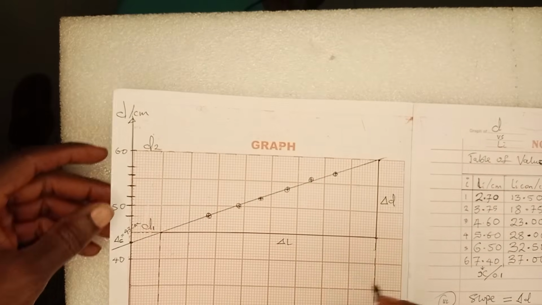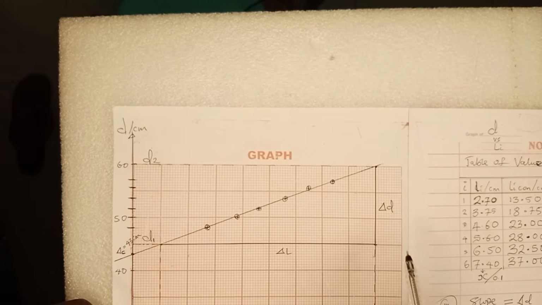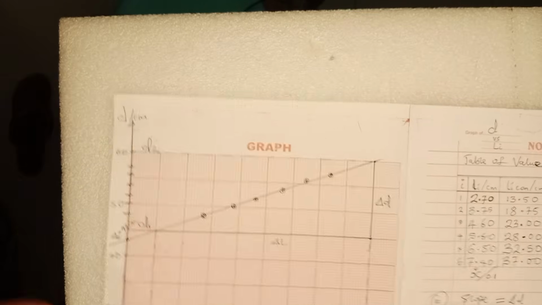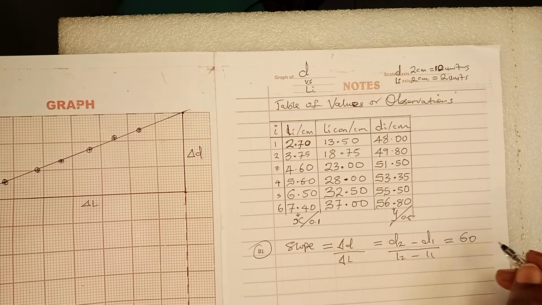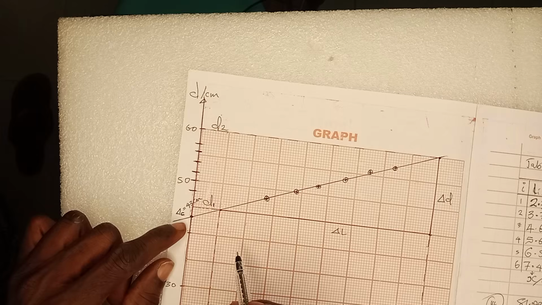From the graph, D2 is this value, that is 60. So this is the same thing as 60 minus, what is our D1?